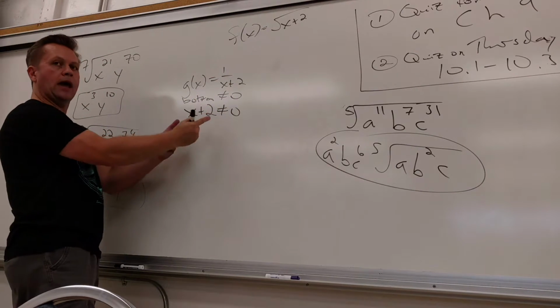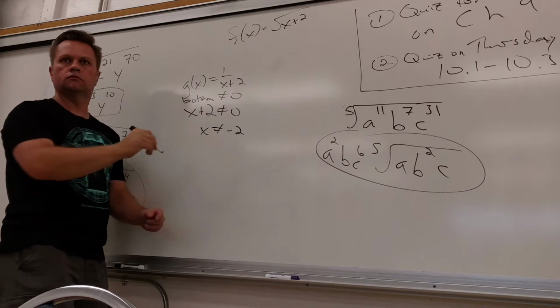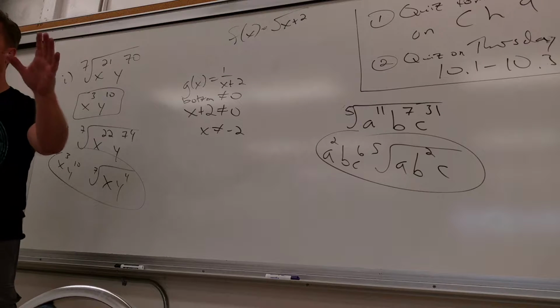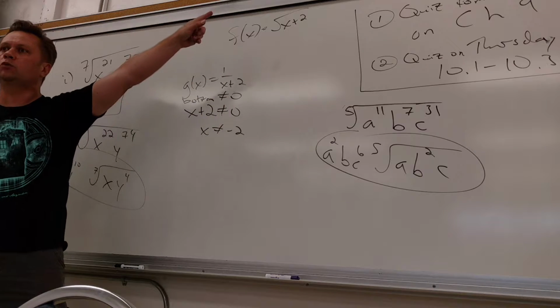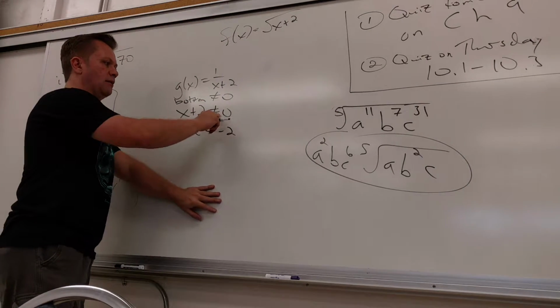So then I write in math what the bottom is, can't be 0, and then I solve. The funny thing is with domain, it's always like that. Not always like this, but can you say in English what can't happen or what must happen. So here, the bottom must not be 0.